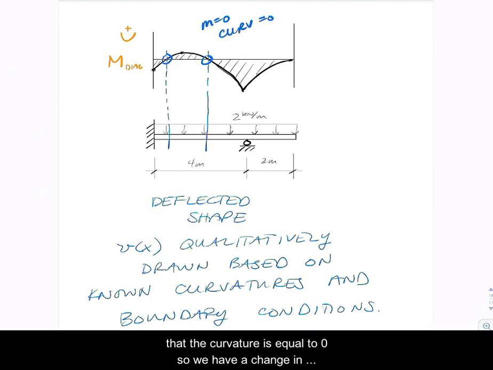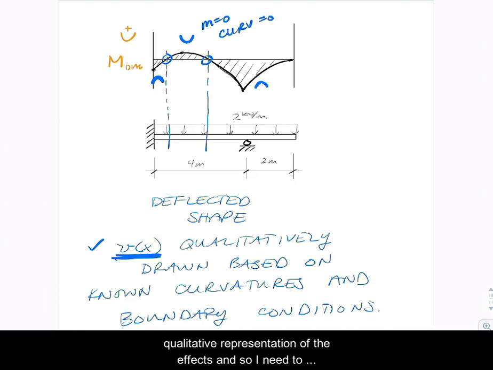So we have a change in curvature. Following our sign convention, we've got a beam with a negative curvature or an unhappy face. We have a positive curvature, and then it comes back over to a negative curvature. So again, our deflected shape is a qualitative representation of v of x.